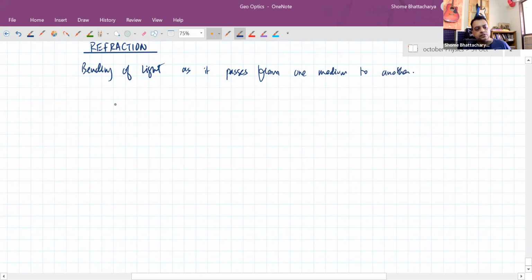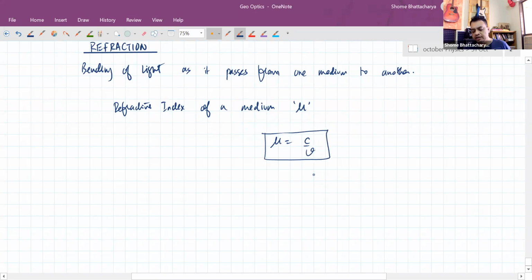So we have the definition of refractive index, which we'll denote with the symbol mu. So refractive index of a medium is basically equal to what? It is C by V.